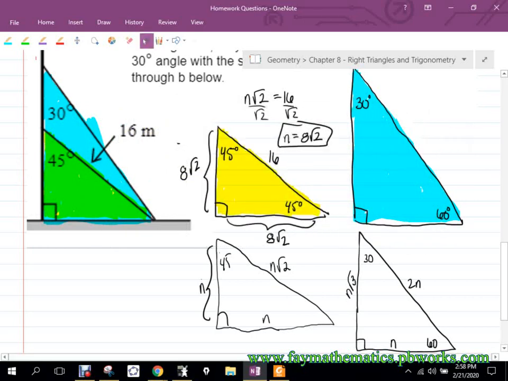The 8 radical 2, so let me just highlight this in red, that distance right there that we just found is that distance, which is the same as that one, right? So now in the blue one, I know a distance in that blue triangle. Does that make sense on how to transfer those values?